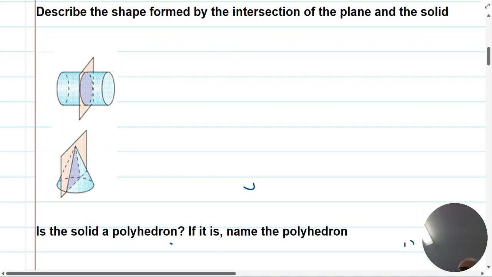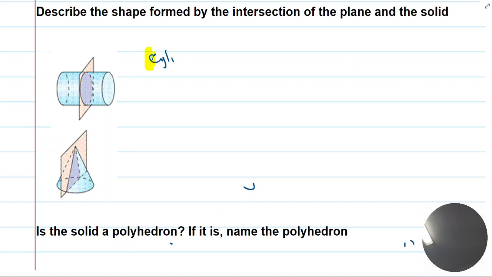The first ones are easy, of course, and that's because you'll have one problem where you just tell me if I slice into a solid, what is the shape that you see from the slice? And on this one, this guy here is a cylinder. So therefore, if I put a perpendicular slice on it, I have a what?